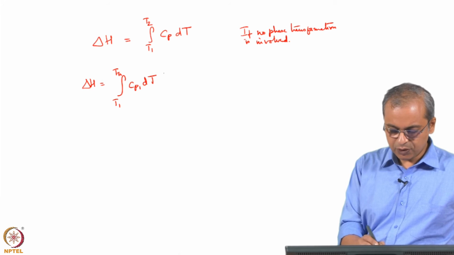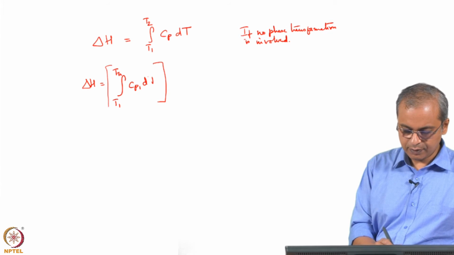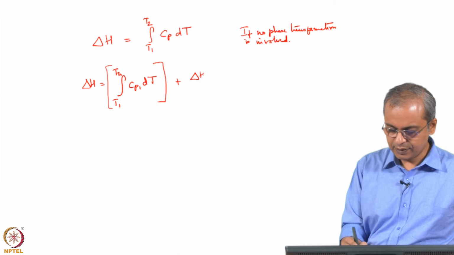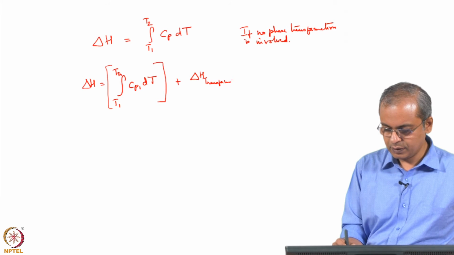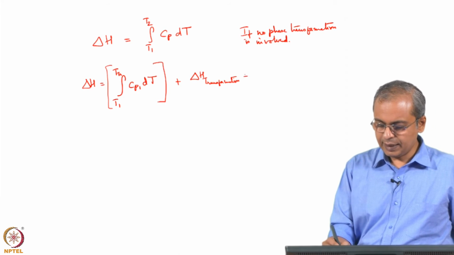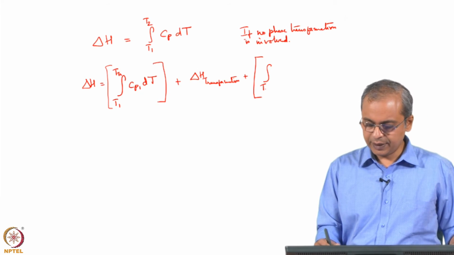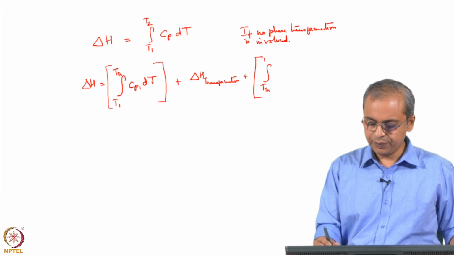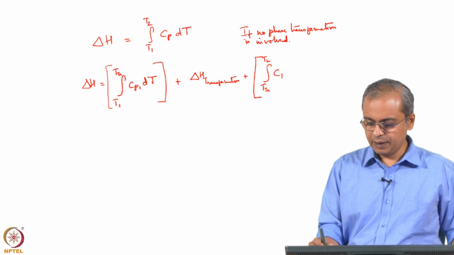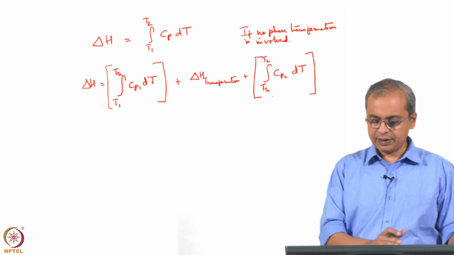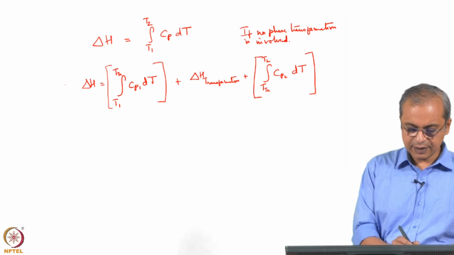This is one term. Then you will have delta H transformation, and then one more term, which is the integral from T transformation to T2 of Cp2 dT. So, this is how you will go from one phase to another if there is a phase transformation.